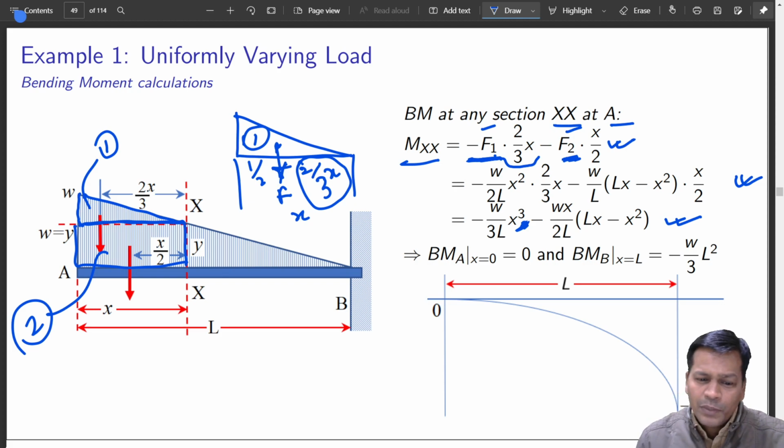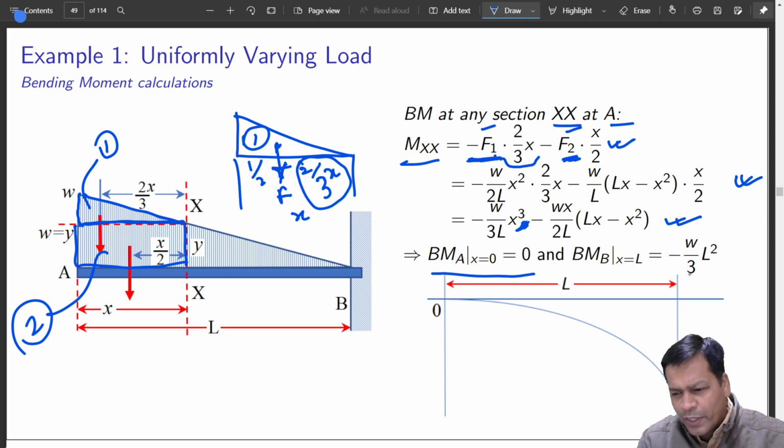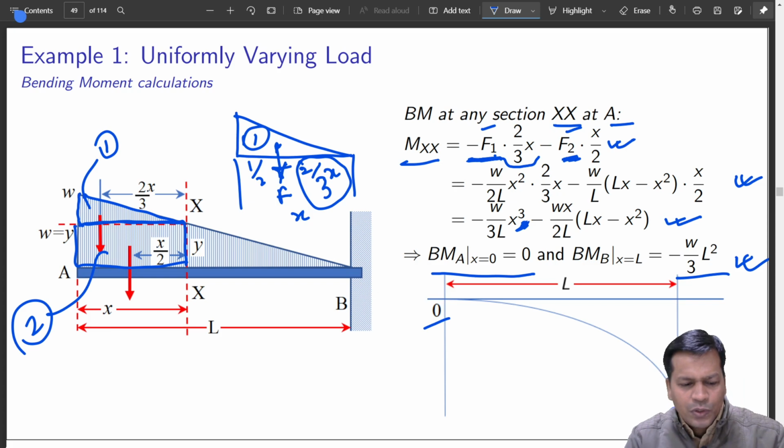Uniformly varying load is cubic, it goes just one degree ahead. Bending moment at A is equal to 0. These are the extremas, which you can quickly find out. This is how you can use your theorem, those relations, to find out. This makes things quite simple.